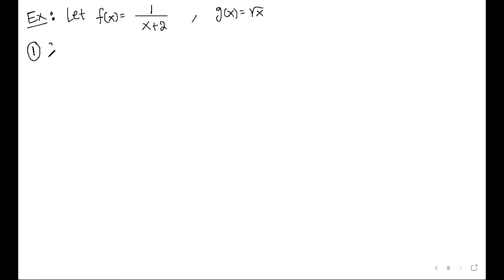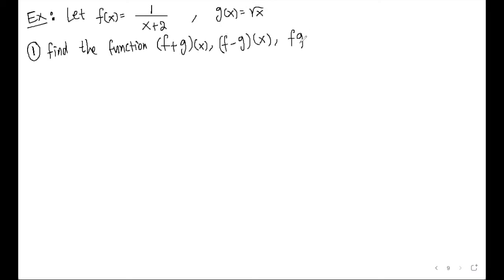First question is find the functions f plus g of x, f minus g of x, fg of x, and f quotient g of x, and their domains.